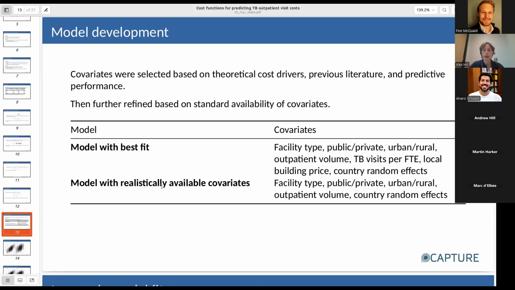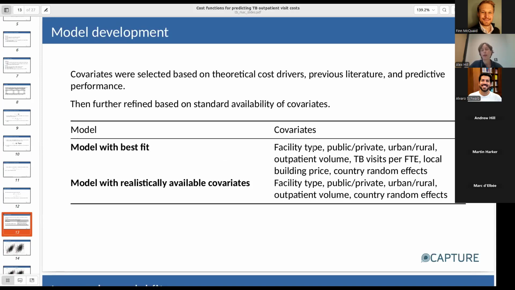In choosing the covariates, I started from theoretical cost drivers and the previous cost function literature, and I refined the covariates according to which were the best predictors. And this gave me a list for the top model with the best fit.